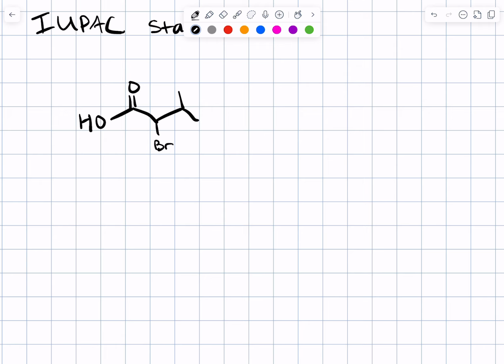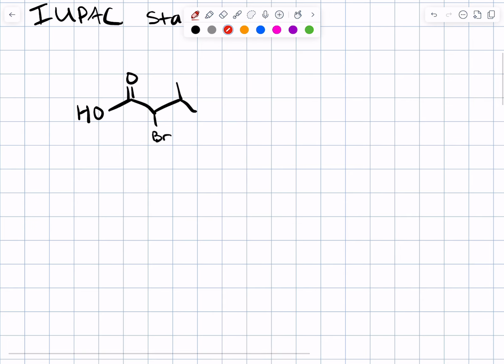And so, hopefully by the end of today or Wednesday, we will be able to piece together that the name of this molecule is 2-bromo-3-methyl butanoic acid.